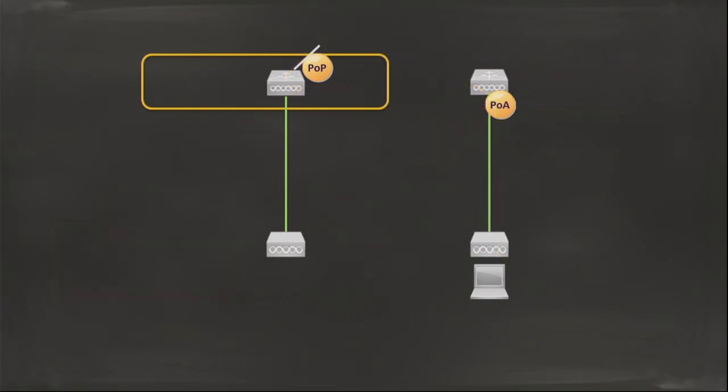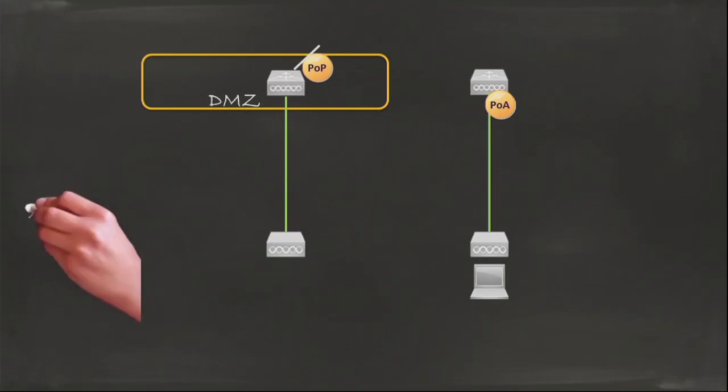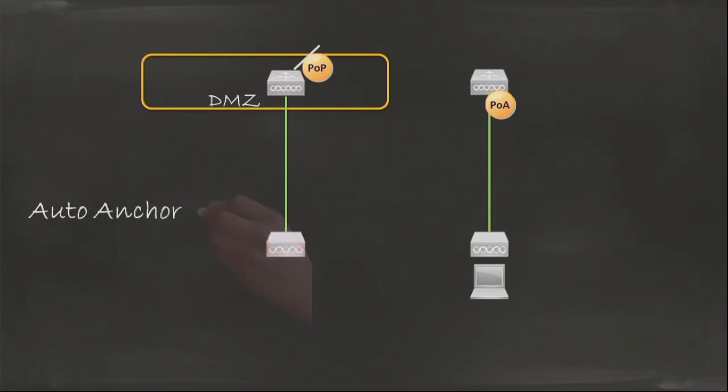There is a last concept that you will hear around anchoring, and that concept is called auto-anchoring. What that is typically, you have this DMZ concept where there is a controller for your guest traffic, for example. And in the auto-anchor logic, what we want to do is to always send traffic for a specific SSID to one controller.